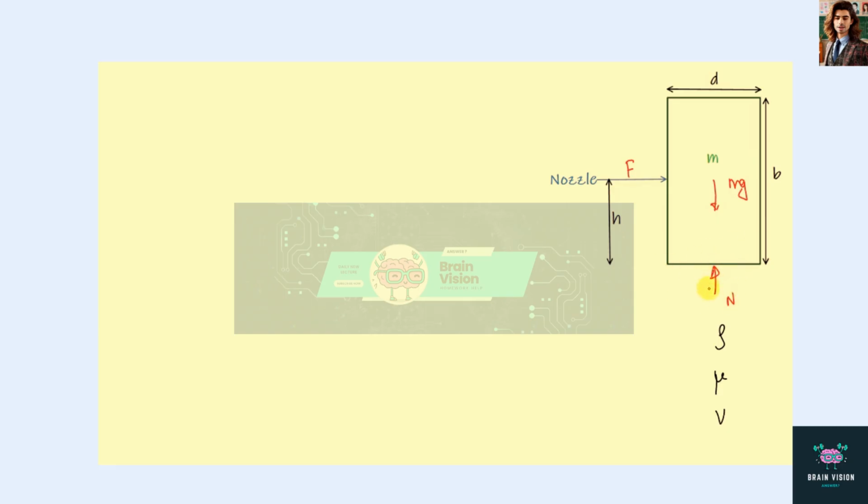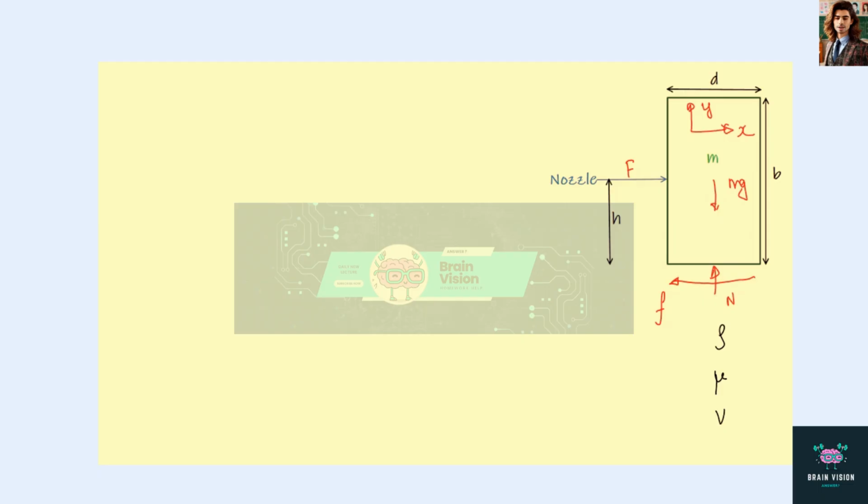Now the friction force would also be acting like this, against the motion. Let it be F. And here we see that the system is at rest, so we can equate the forces in the y direction and the x direction. So this one is our x direction and this one is our y direction.